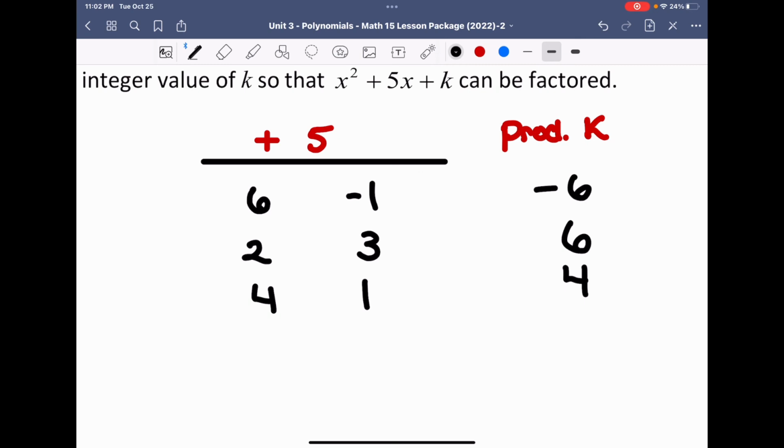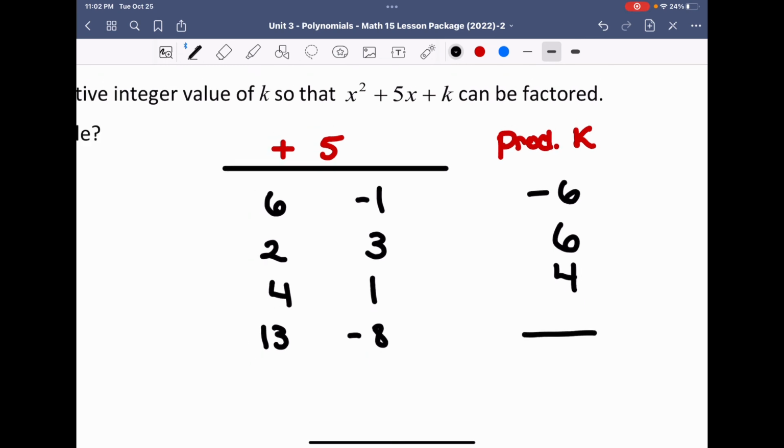I don't think there would really be anything else in these, but we could have larger things that subtract to get this. If it has to add to make positive 5, I could put in 13 and negative 8. And when we multiply 13 and 8, we get a quite significantly large number here.